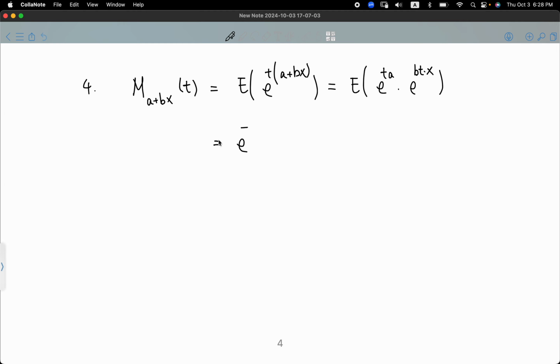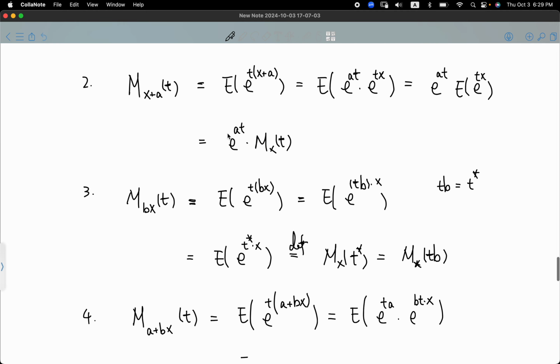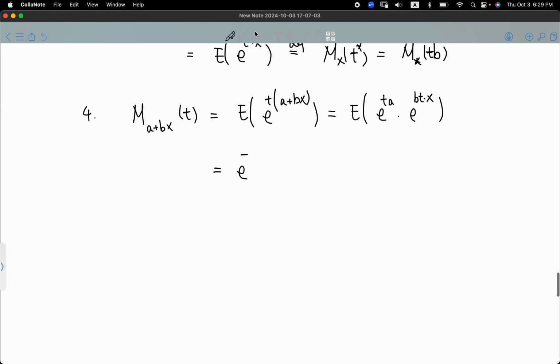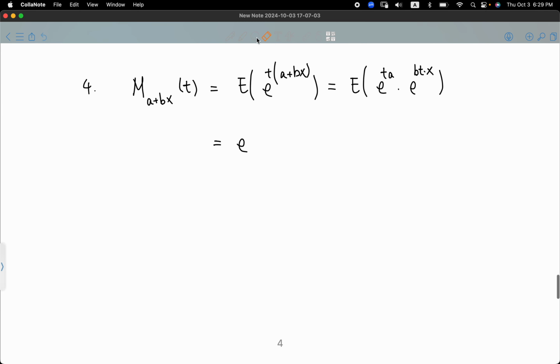so e of at, I use at here. Okay, so you will also have e of at as a constant, and then the expected value for e of bt multiplied by x.